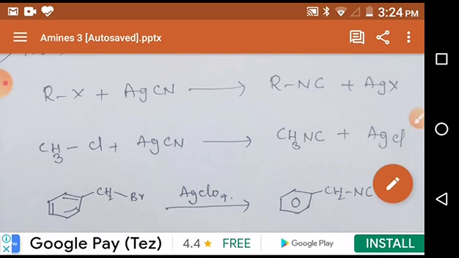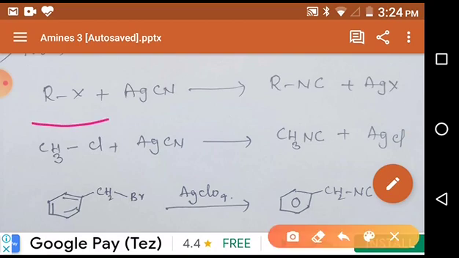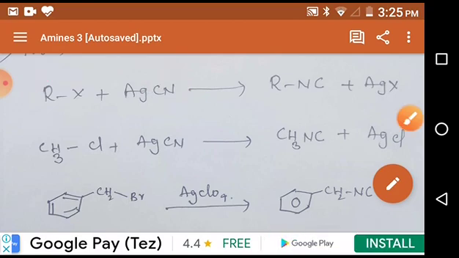In RX, because of high electronegativity, X has a delta minus charge and the carbon has a plus charge. That's why the nucleophile attacks at carbon, and at the same time the halogen goes as X minus.